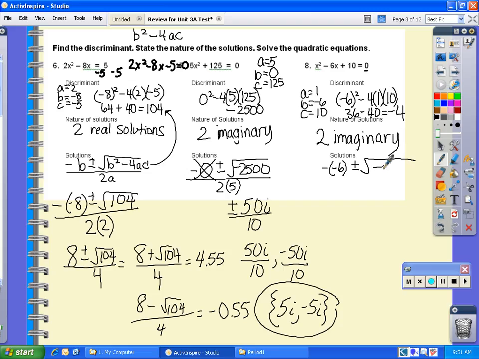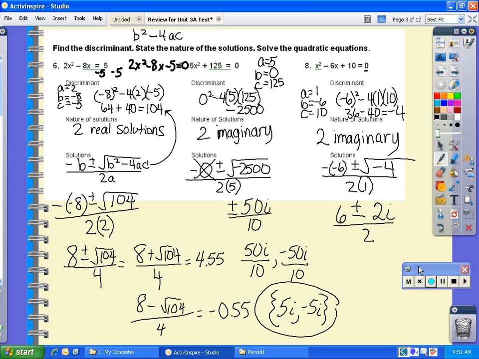We can plug in that negative 4 right away, all over 2a. Negative negative 6 gives me a positive 6, plus or minus. What is the square root of negative 4? Well, that negative under the radical means I'm going to have an i, and the square root of 4 is 2, so 2i, all over 2.